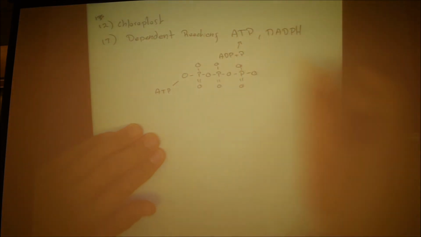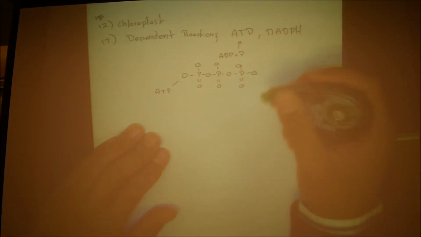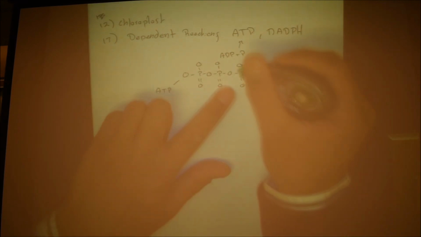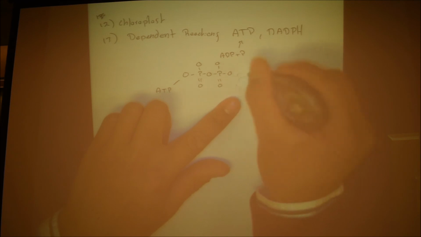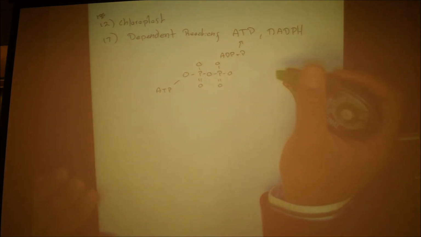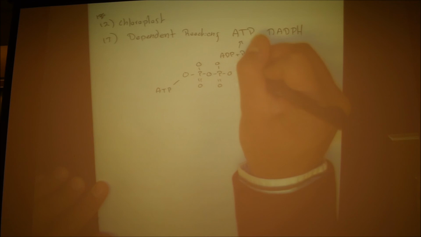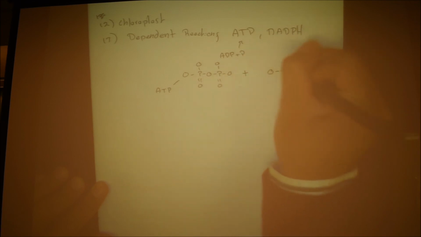So, when you have ADP, what you actually have is only 2 phosphates. So we're going to take this one away. What you need to be able to add to it is another phosphate group.